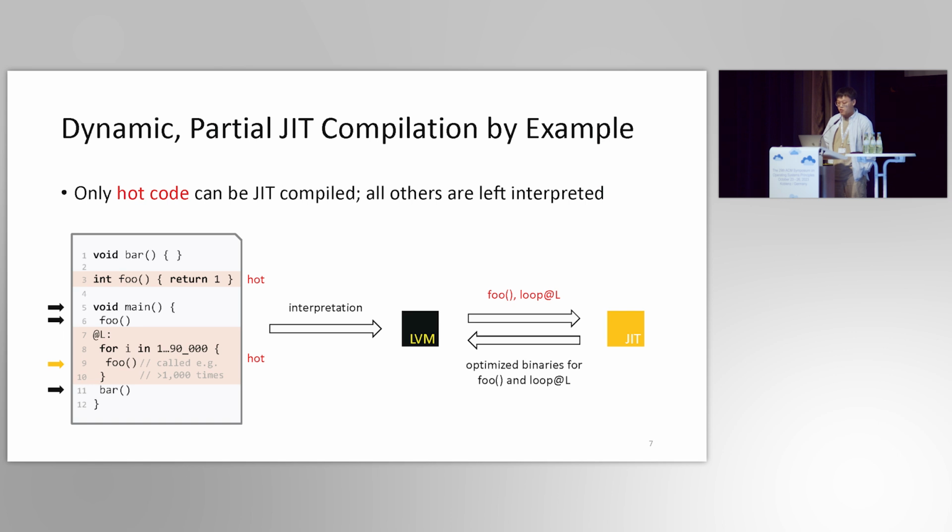But if we call foo a sufficient number of times, the VM recognizes the method foo and the loop L as hot code and applies the JIT compiler to compile them to optimized binaries, but leaves all the others uncompiled, like main and bar. Next, we execute foo for the remaining number of times. But when the loop exits, we return to the interpreter and interpret bar until the program exits.